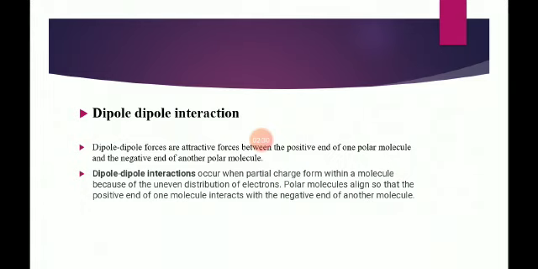As we discussed earlier, the polar covalent bond has unequal distribution of electrons between the atoms. It makes two poles, the partial positive one and the partial negative one. The partial negative charge atom attracts the partial positive charge atom of another molecule.